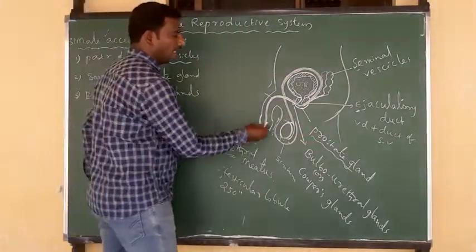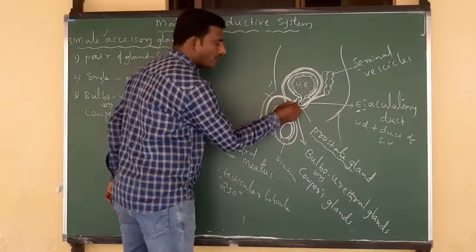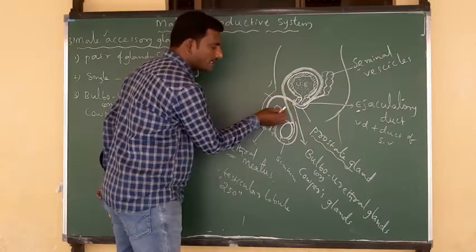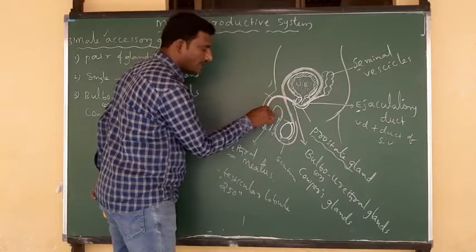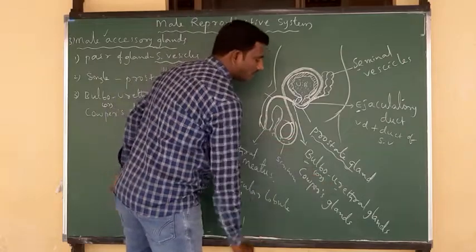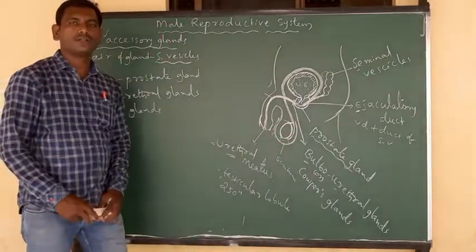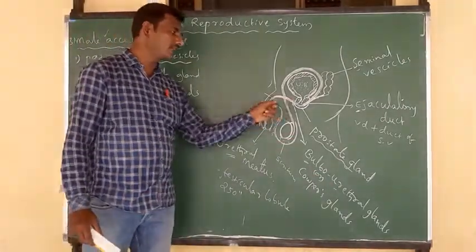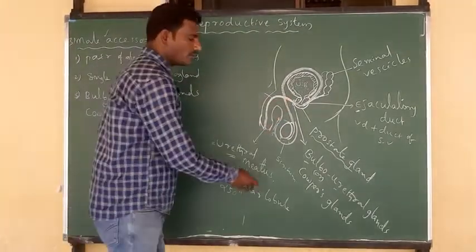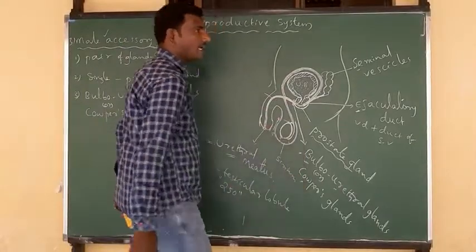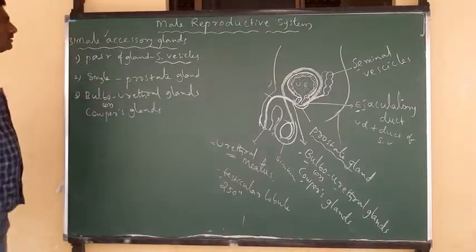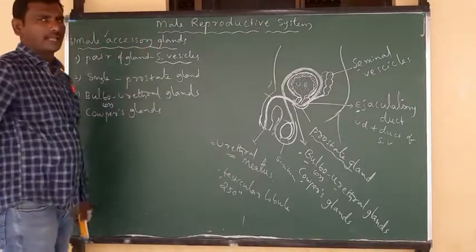Next, beneath this prostate gland, small bulb-shaped glands are present on either side of the urethra. That's why these glands are called bulbourethral glands. Why? Because their shape is like a bulb and they are present on either side of the urethra. The bulbourethral glands are also called Cowper's glands. All these three different types of glands come under male accessory glands.